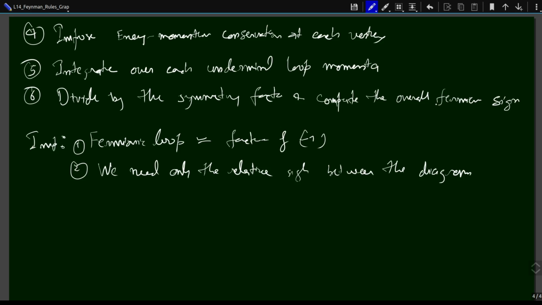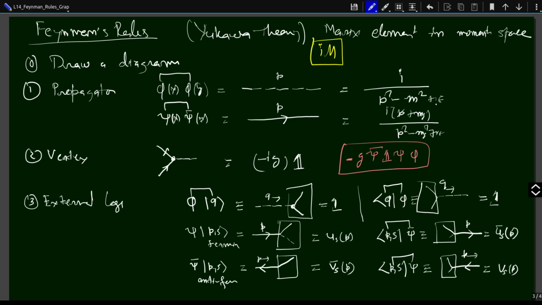Now before jumping ahead, I'll focus your attention on rule 0, which says to draw the diagram. What do I mean by draw diagram? I have a Yukawa theory, and usually people ask a question like: draw me the n-point Green's function at one loop.